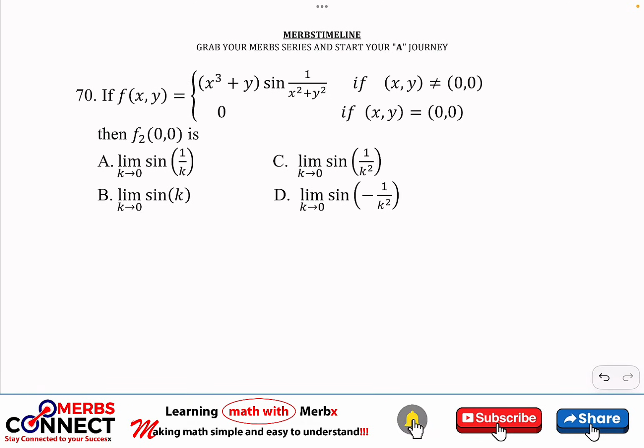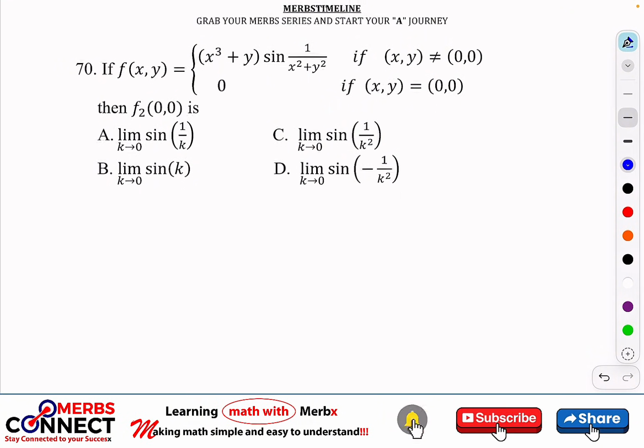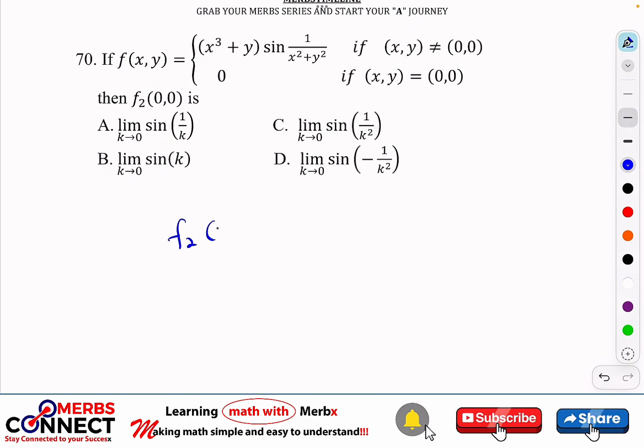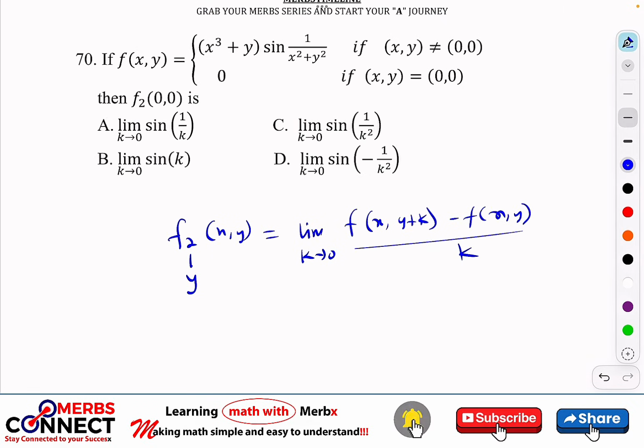Okay, this is our final question. Final question. And this we need f_y(0, 0). We are going to use the limit definition. So f_y of x y is going to be, don't forget, this is y, because it's 2. Limit k approaching 0, f of x, y plus k minus f of x y divided by k.